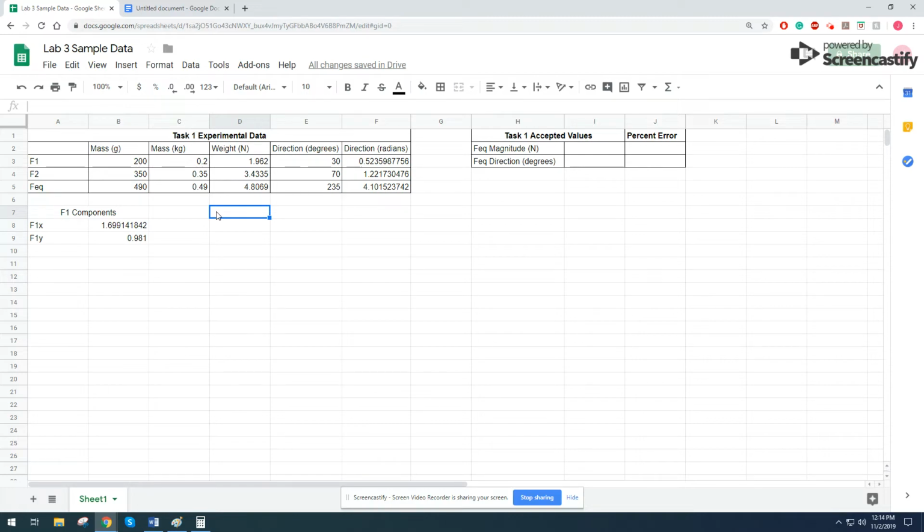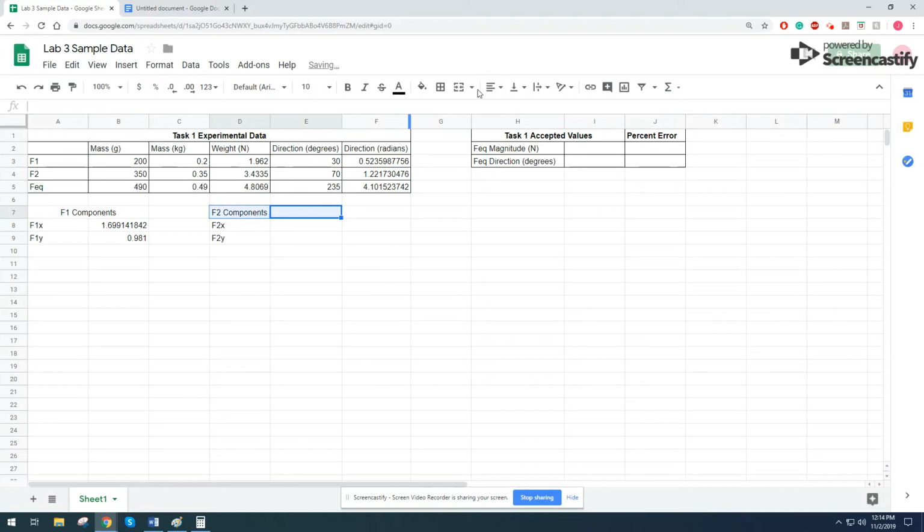Now, the reason why is because when we add all of our vectors, we can only add if they're in the same direction, right? Because we're going to add the components of F1 and F2 together because we want to see the total effect of these two forces on my ring. Okay, so if you want to do F2 components, same exact math here, right? F2x, F2y.